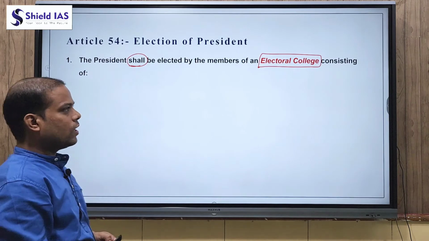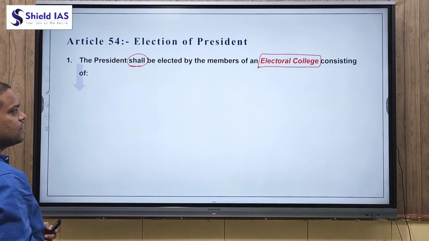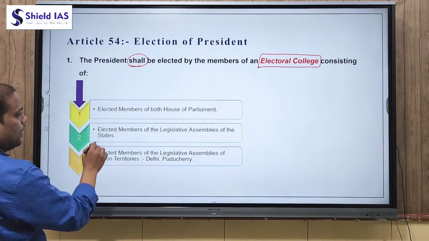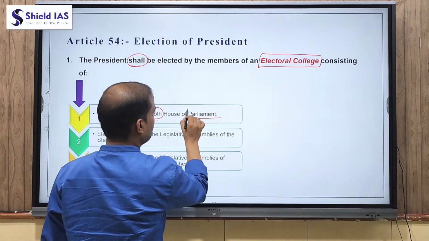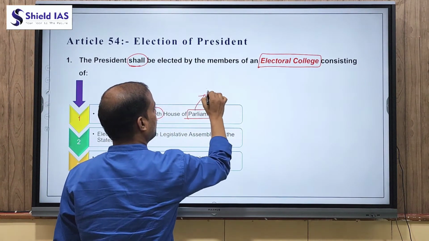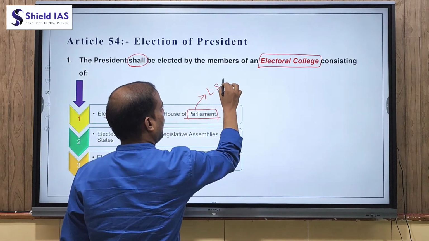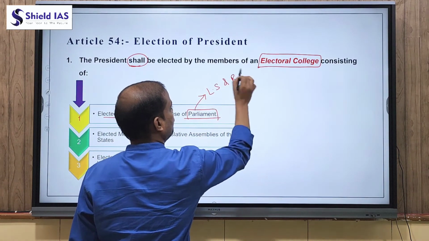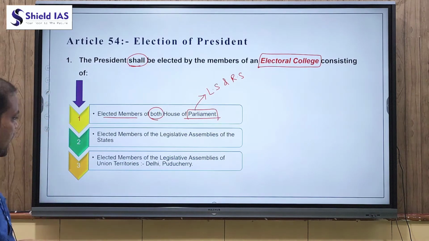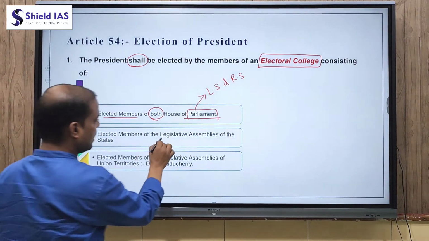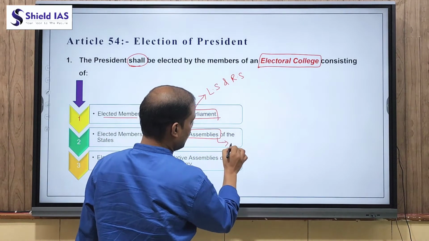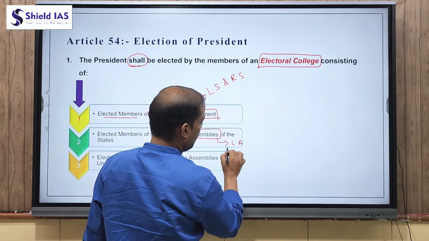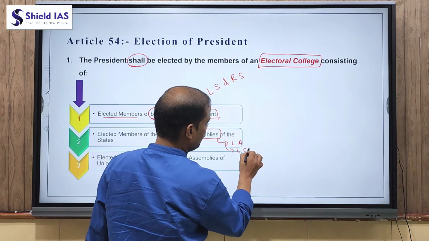And what is the electoral college? This electoral college consists of the elected members of both Houses of Parliament, which means the elected members of Lok Sabha and Rajya Sabha. Second, the elected members of the legislative assembly of all states, the legislative assembly, not the legislative council.